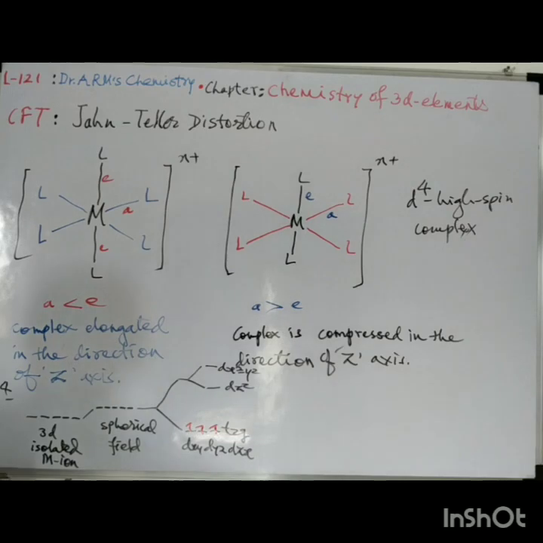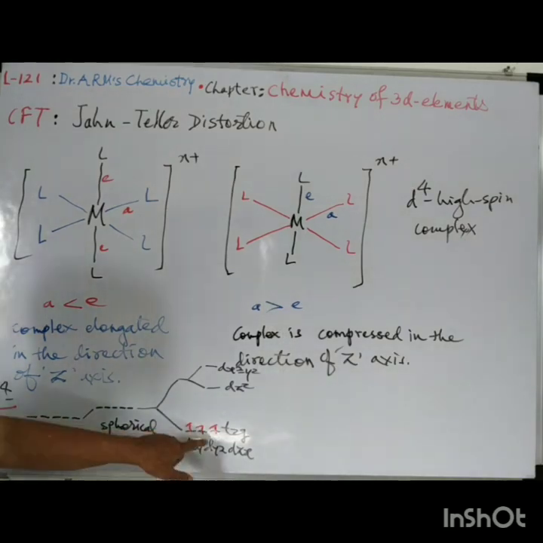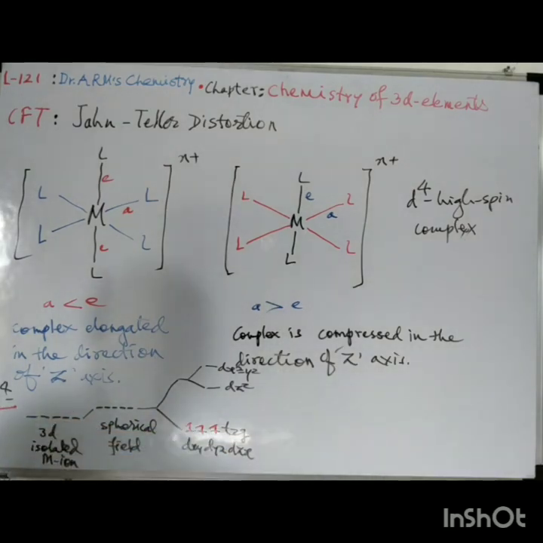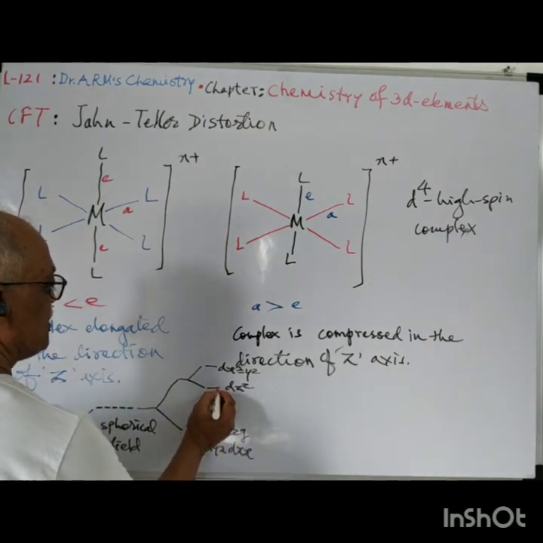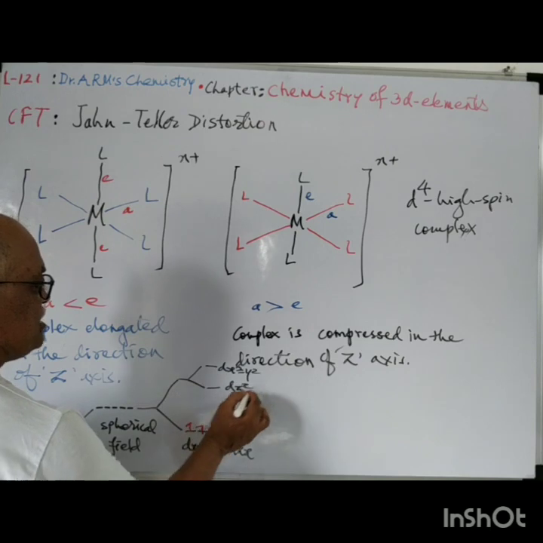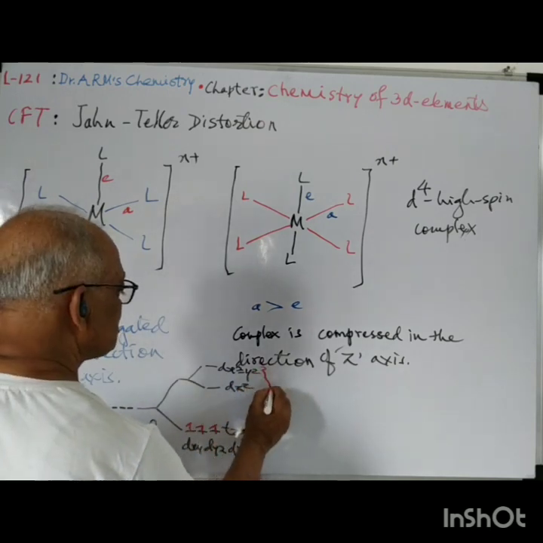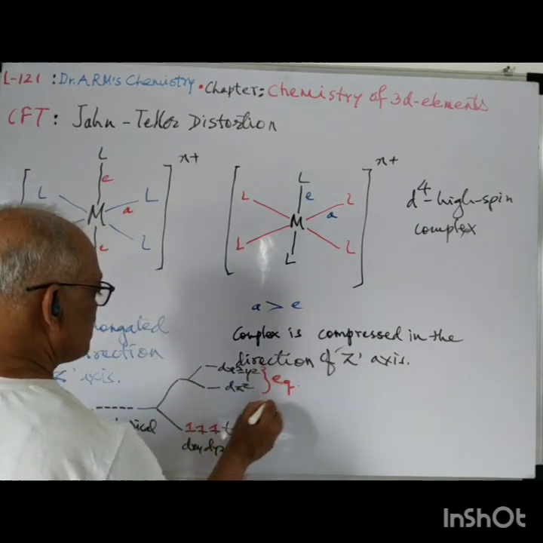Out of 4, 3 electrons will enter into the t2g. Now, the 4th electron will go into these eg orbitals. These two are called eg orbitals.